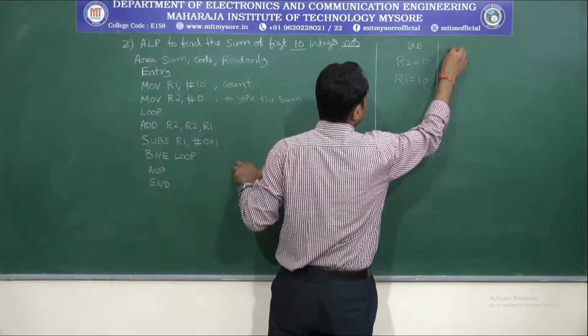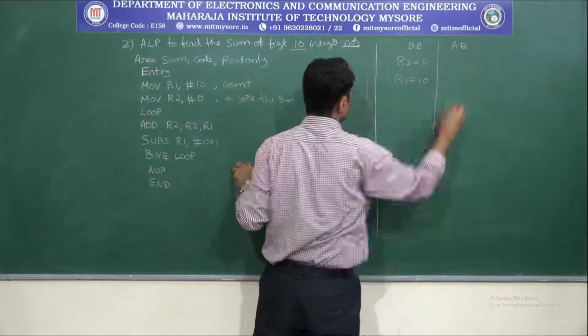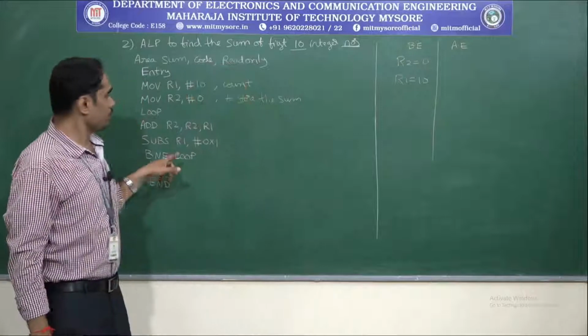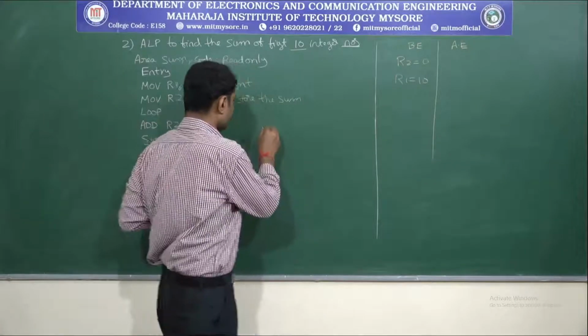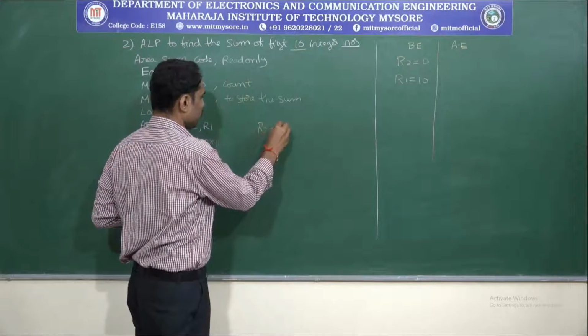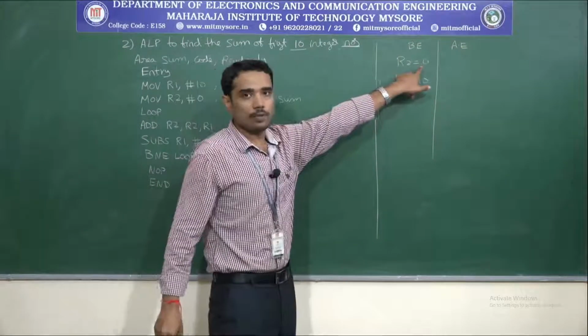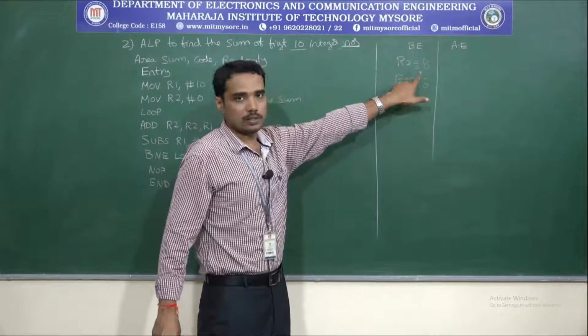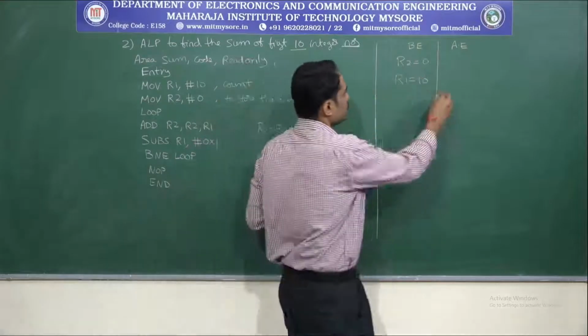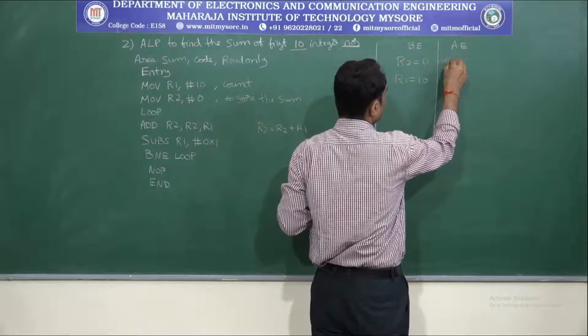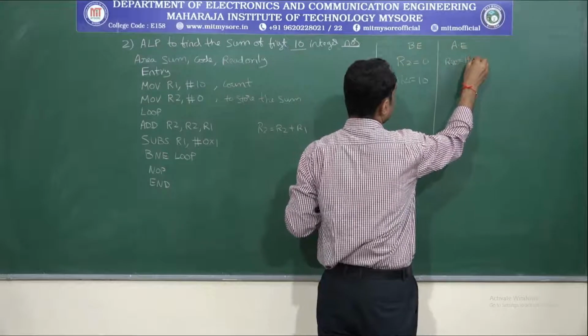Here we can write after execution. Now what happens? R2 is equal to R2 plus R1. R2 is equal to 0, R1 is equal to 10. 0 plus 10 is 10. So R2 after execution will become 10.